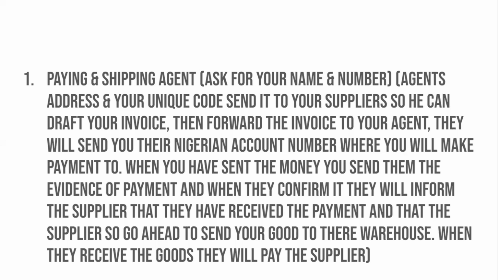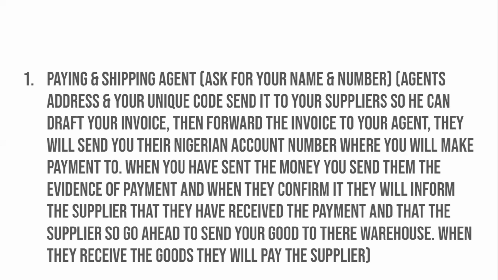The agent is going to tell the supplier, okay, I've received the payment from this guy. Now you are going to deliver the goods to my warehouse. Then as soon as the goods come, I confirm the goods and the quantity of the goods, and I'm going to pay you your money. So the supplier will ship the goods from his own warehouse to your agent's warehouse.